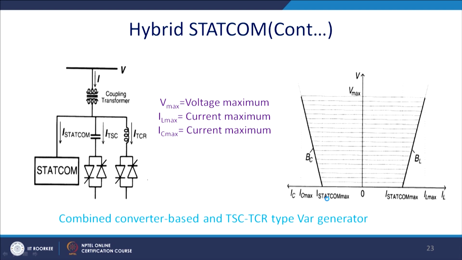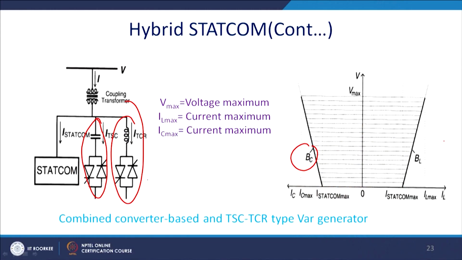So, again to balance it, you can have the Statcom, thereafter a thyristor compensated capacitor, thereafter you can have a thyristor compensated reactor. So, accordingly then you can have a homogeneity, you can see that it is symmetric in the y axis. So, you can have a Vmax value where 0 current flows, and thus you can have the slope BL and BC, but it will be shifted.